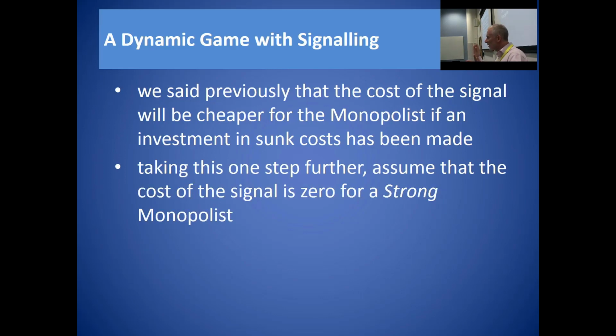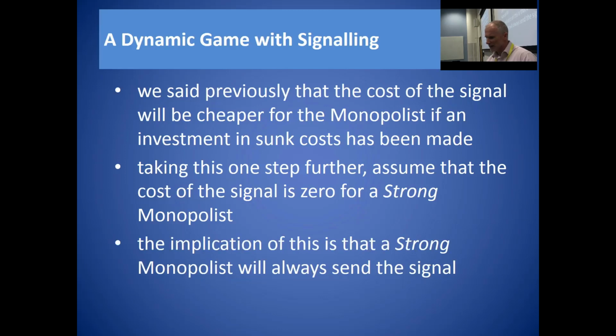Let's say, just make it nice and simple, that the cost of sending this signal for the strong monopolist is 0. If it's invested in sunk costs, the cost of sending that signal is 0. Now there will be some positive cost for the weak monopolist, the monopolist who has not invested in sunk costs, but if those sunk costs have been incurred, it costs the monopolist 0 to send that signal.